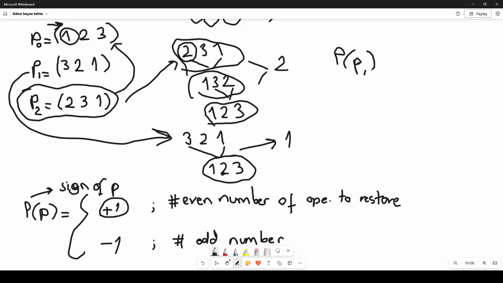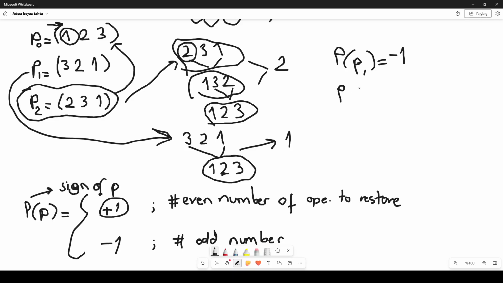So how many swap operations did I perform to convert P1 into P0? And P0 is the permutation that has a natural ordering, right? I've just performed one interchange operation, so it is an odd number. And if it is an odd number, then its sign is equal to -1.